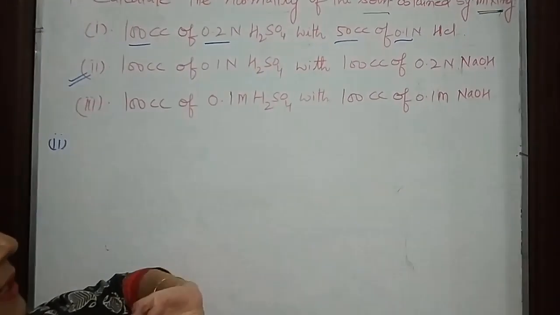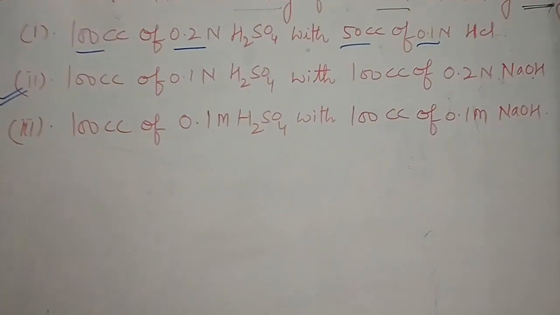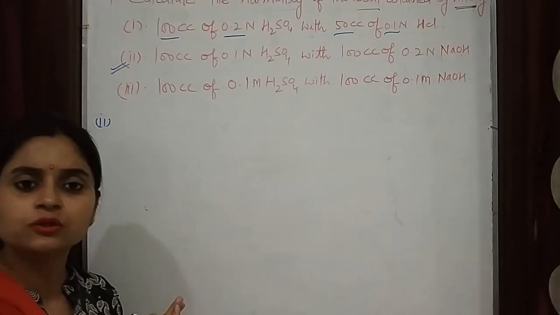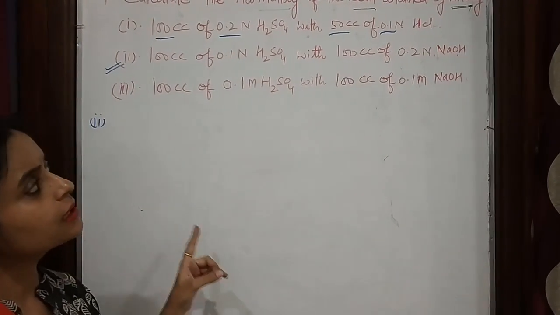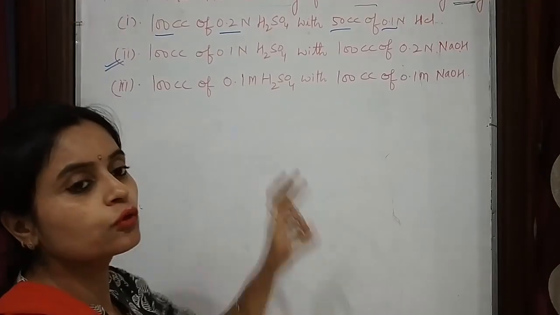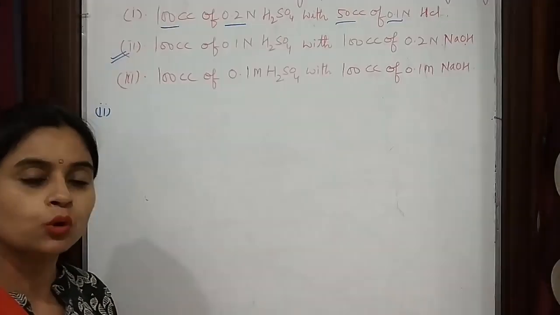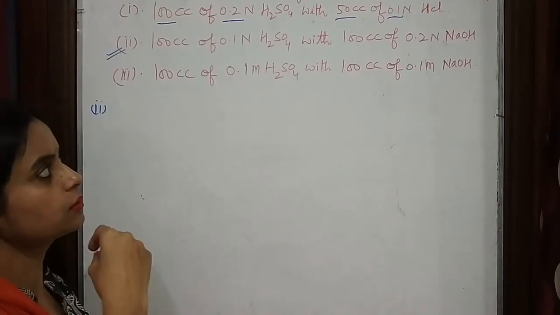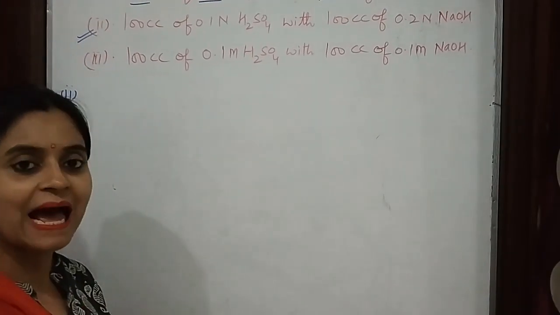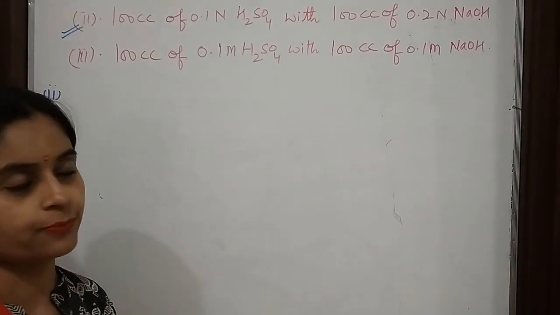Although their volumes are same, their concentration is different. So whenever you mix an acid with a base whose concentration is not same, then firstly we have to find out, because it is in terms of normality, the number of gram equivalents, because it is a fact that equal number of gram equivalents of an acid and base will neutralize each other.